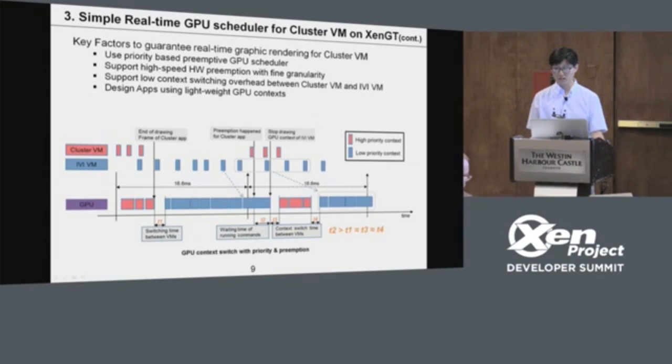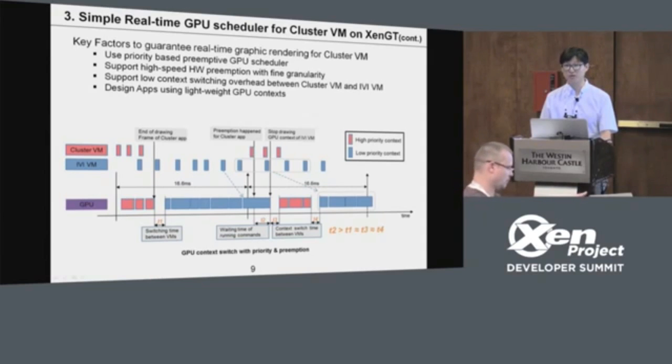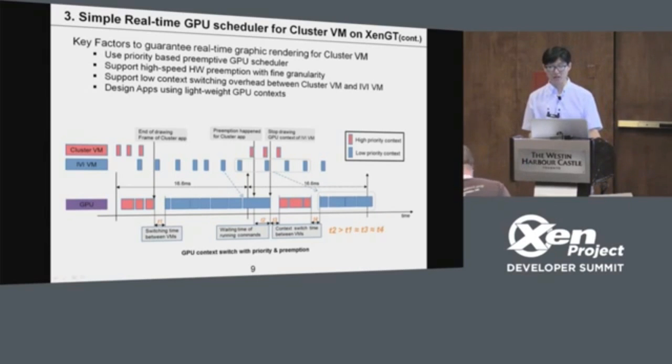The waiting time is the T2 time. T2 time is here. T2 time depends on the context of the GPU command. XenGT still doesn't support hardware preemption for GPU context switch yet. The high priority GPU context should wait the T2 time in the run queue.